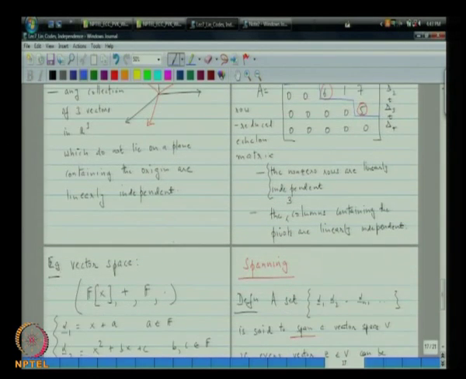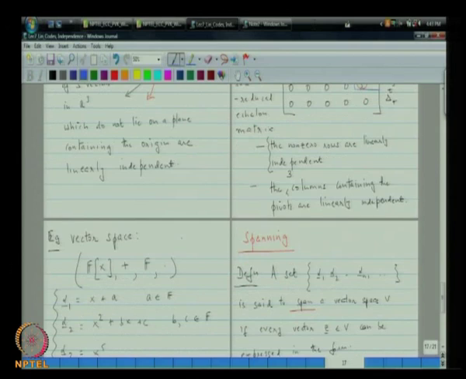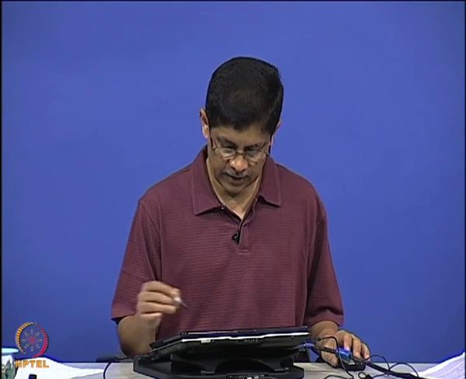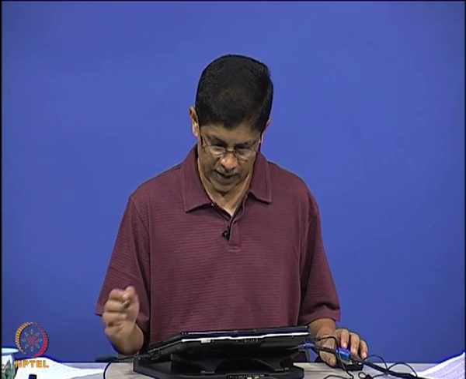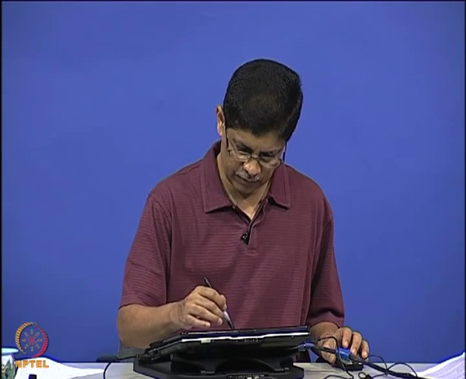We looked at examples in different settings: in 3-dimensional space, with respect to the rows of an echelon matrix, and in the vector space of polynomials. Then we started talking about spanning. So maybe I will slow down a little bit here, because we need to pick up the discussion from where we left off.